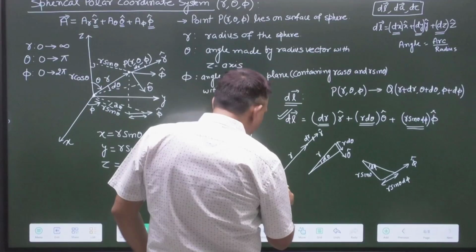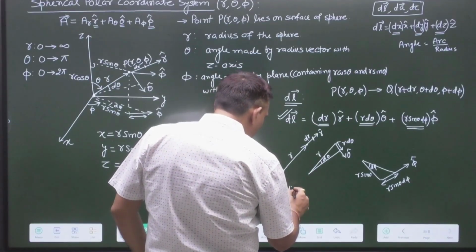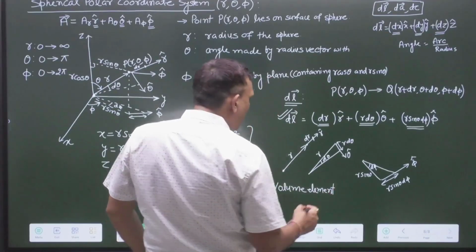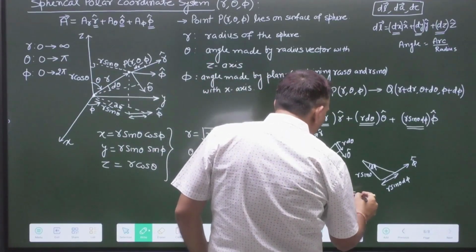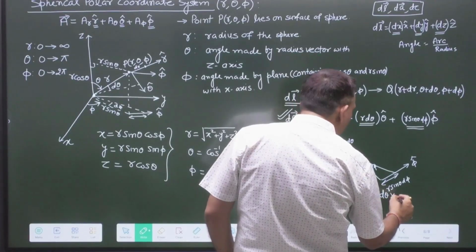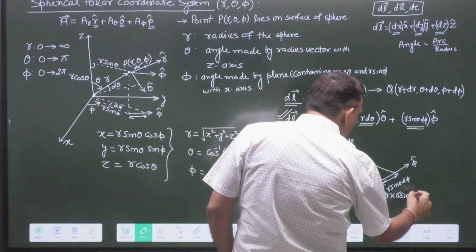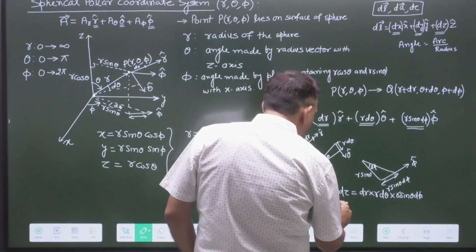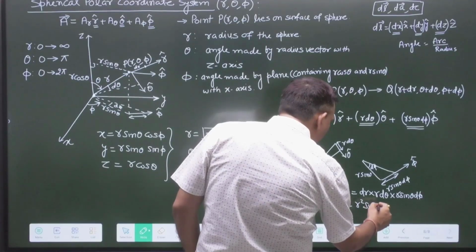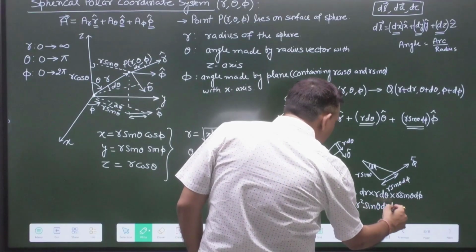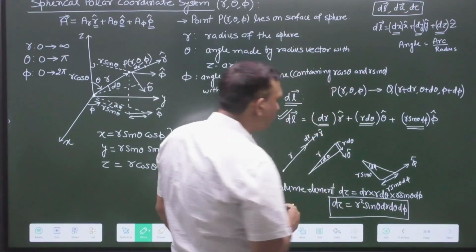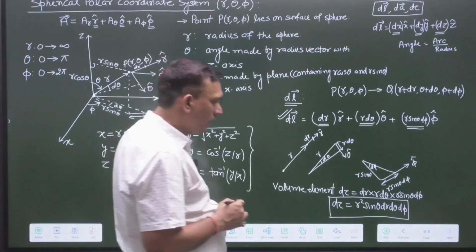So now volume element d tau is dr into r d theta into r sine theta d phi, so this will be given by r square sin theta dr d theta d phi.